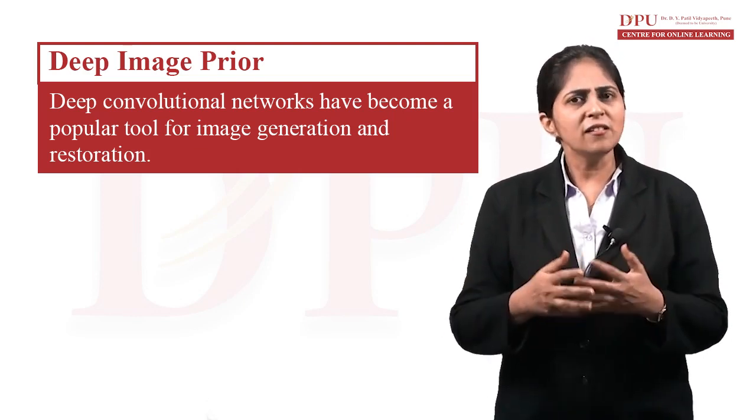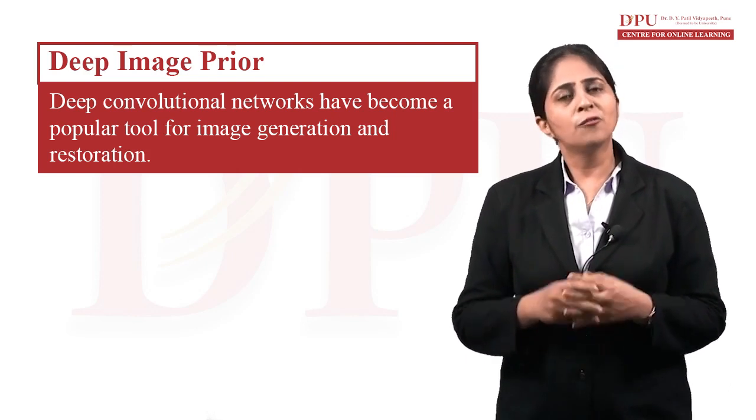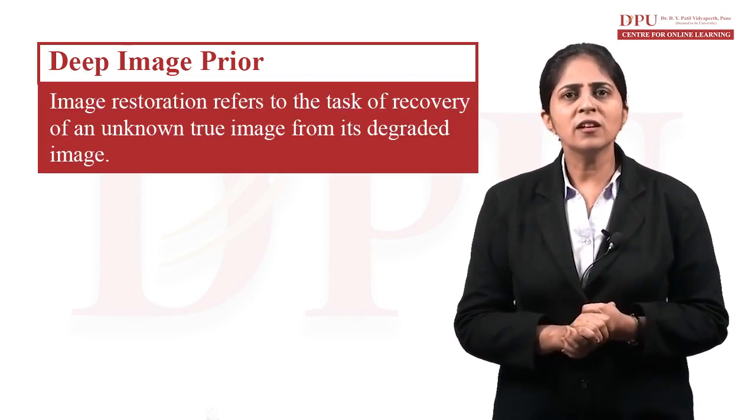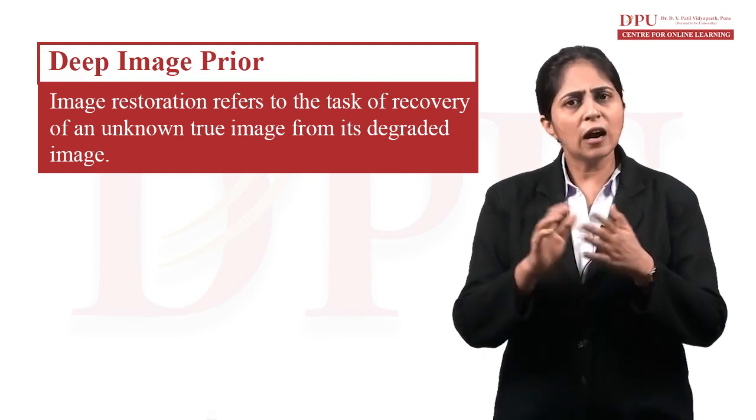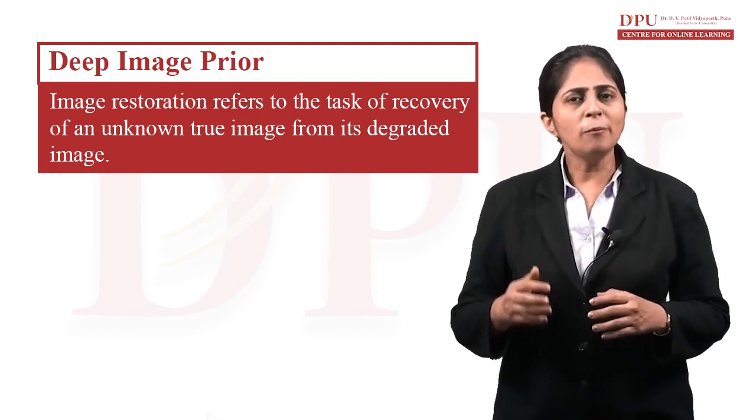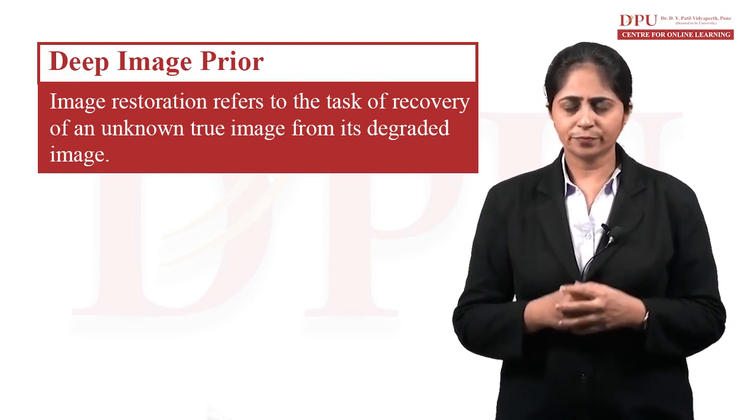Image generation is generating a particular image. For that we do use CNN. Image restoration refers to the task of recovery of an unknown true image from a degraded image.